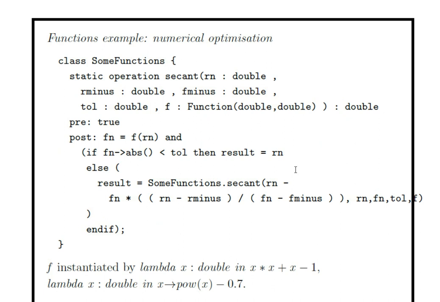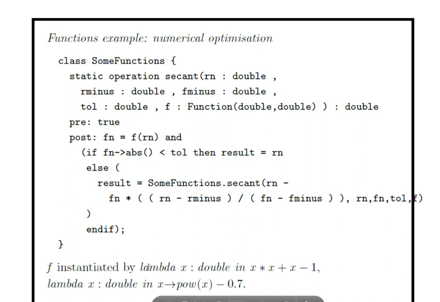For functions, we can test a numerical optimizer which does a recursive search for a root of a function. The function is supplied as a parameter to the optimizer, the secant optimizer, and the optimization is applied recursively until a root is found within a given tolerance.